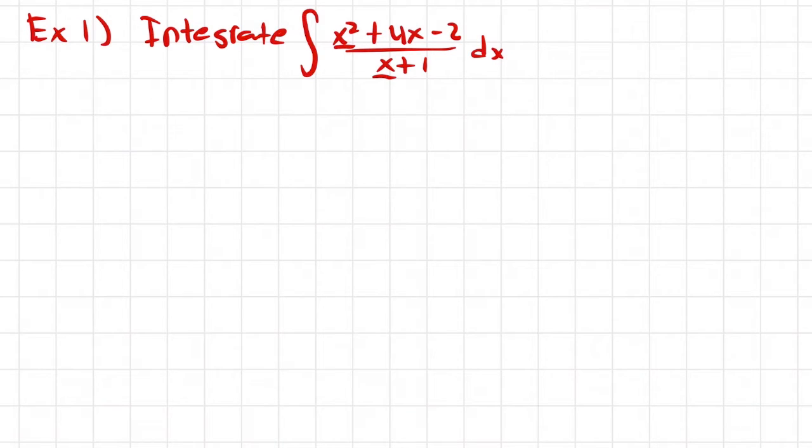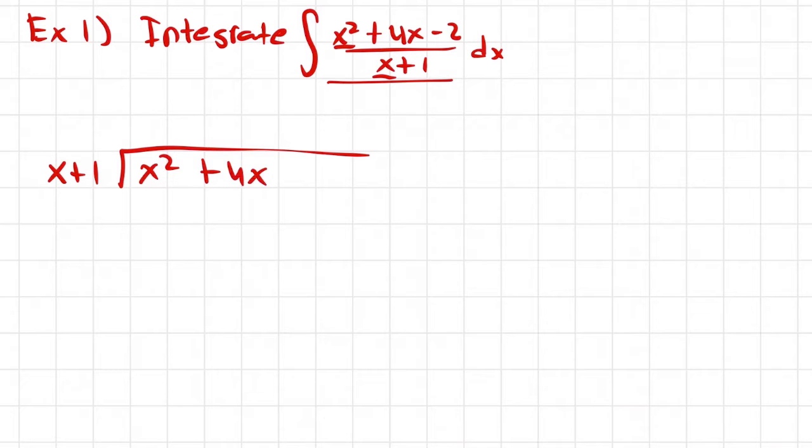All right. So we're going to take a look at the integrand very quickly. We're going to be transforming this rational function into a long division form. So our divisor is going to be x plus 1, and our dividend is going to be x squared plus 4x minus 2.